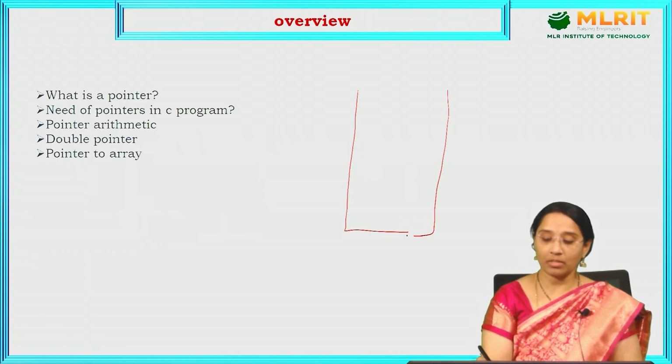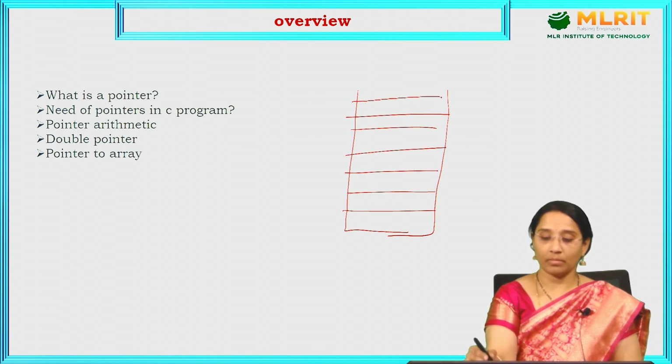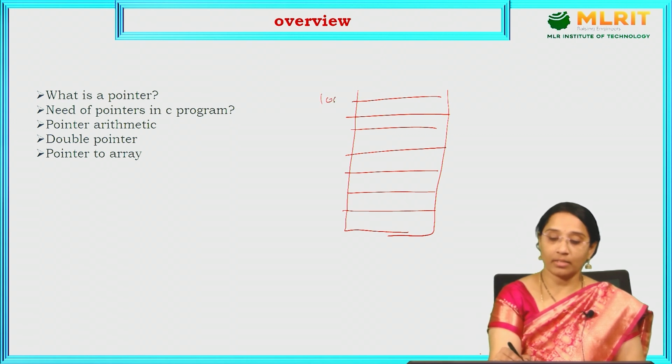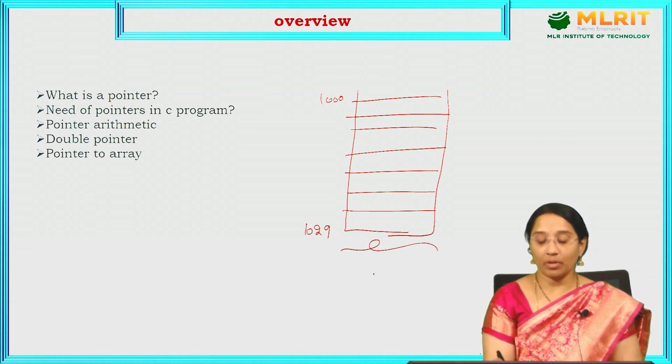Suppose, imagine this is your computer memory. Let's consider the starting address as 1000 and the ending address as 1029. Means this computer memory is capable of holding 30 bytes of data.